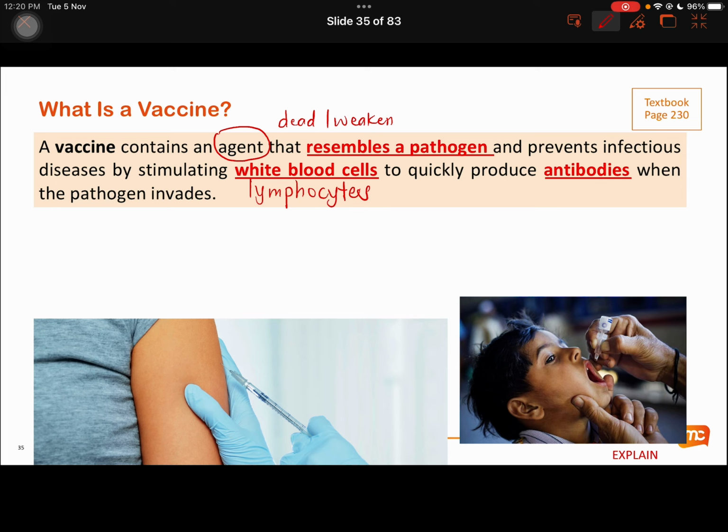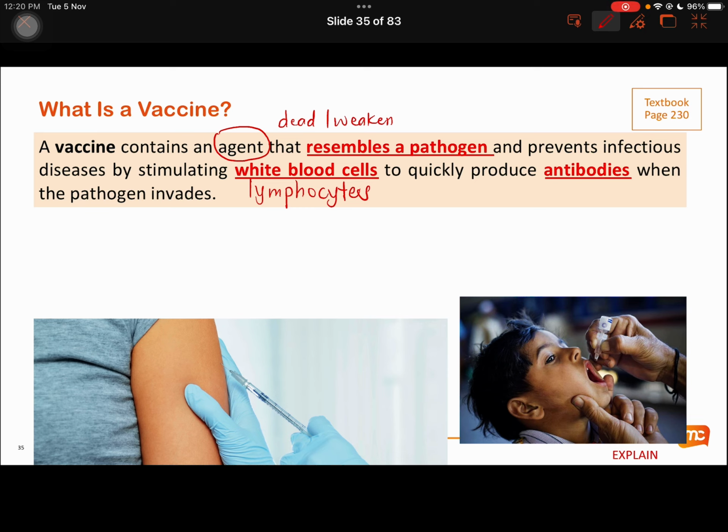So a vaccine is like a fire drill, preparing our body just like how we prepare ourselves for a fire. The white blood cells will produce antibodies when the dead or weakened pathogen is introduced in our body. And this will produce antibodies that will kill pathogen.